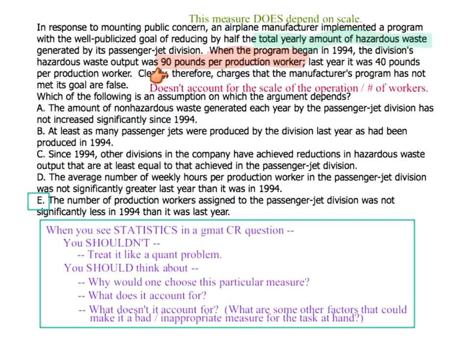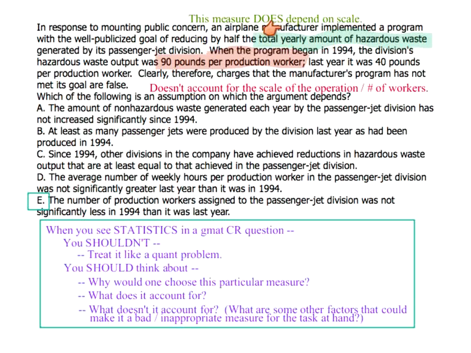So are there any questions about other choices here, why they are not what you want in this problem? Why is B wrong? Because the number of planes produced doesn't have anything to do with what we're measuring.